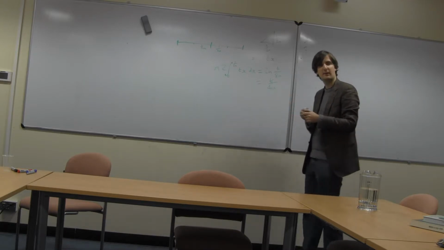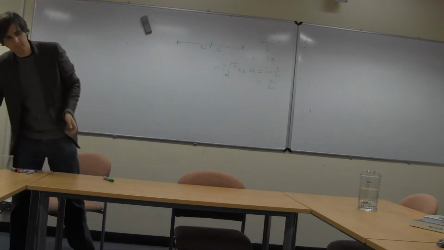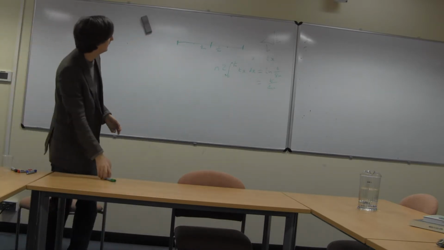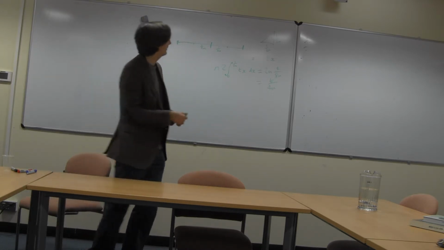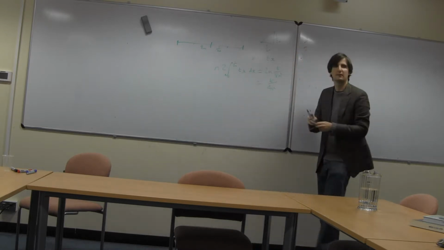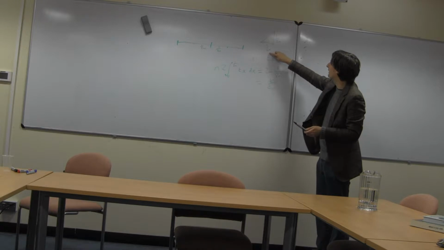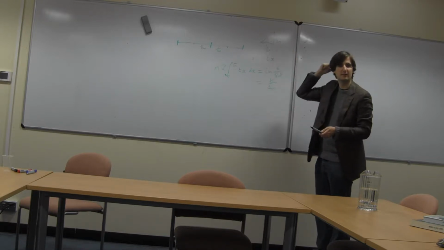Does that make sense? Yep. Can the n cancel out? Oh yeah, the n cancels out. Sorry, so this was 8n squared. So we had 1 over 2n times t over 2n, so you get an n squared on the bottom.